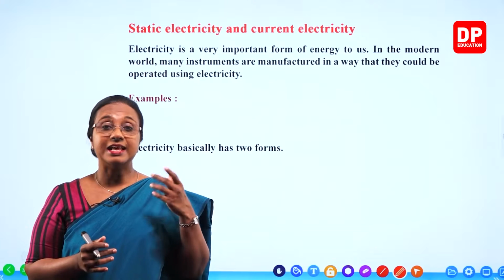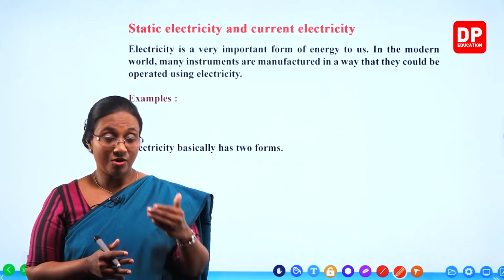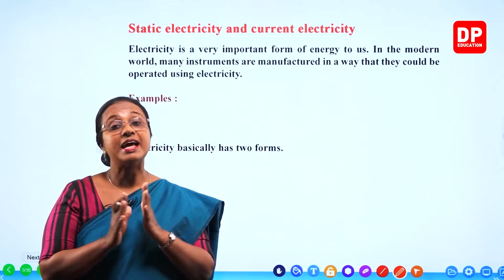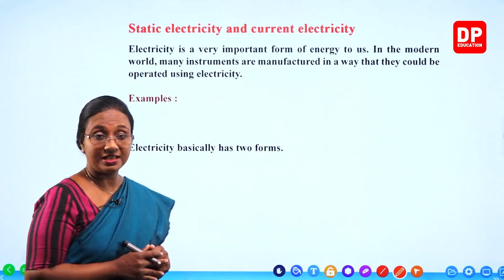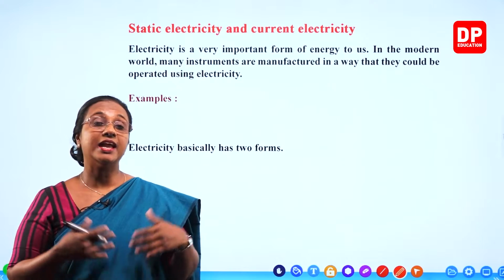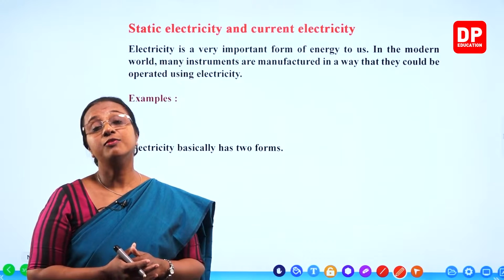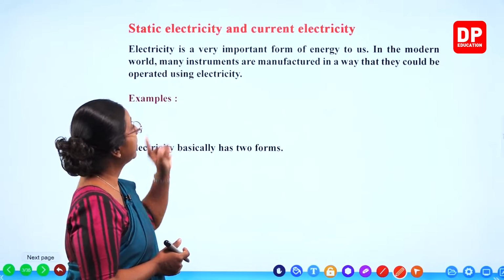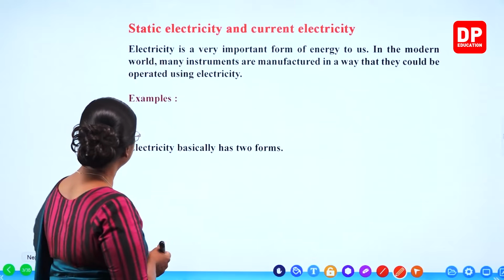Any matter that has additional charge or that becomes charged and the charges are not moving, that is considered as static electricity. Then current electricity, of course, the charges flowing and therefore current flowing through a conductor. We will discuss both these, static electricity and current electricity.